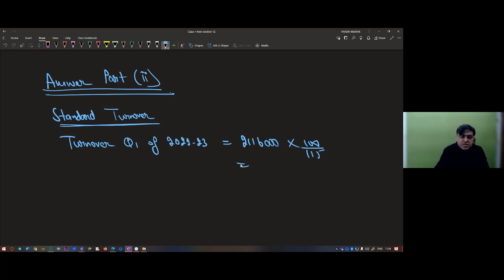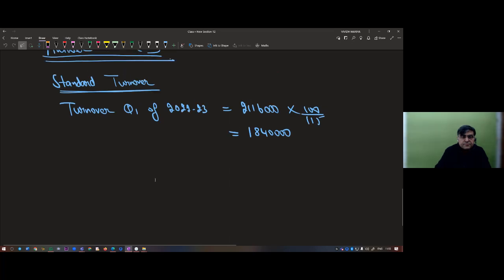This time turnover is increased by 15%. So the turnover will be 2116 into 100 divided by 115. It is 18,40,000.